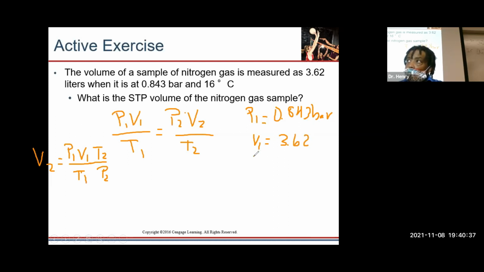And T1, we have to change to Kelvin, so that's 289.